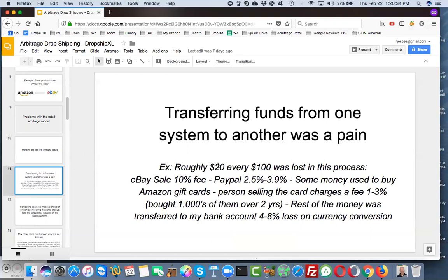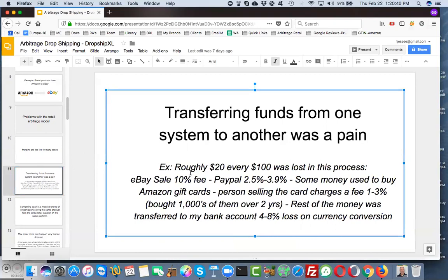Let's just say you got paid $100, and roughly $20 of every $100 was lost in this process. And this is the breakdown of the fees that were all involved, right? So eBay takes their fee, 10%. PayPal has transaction costs of 2.5 to 3.9%, depending on the account you have with them.